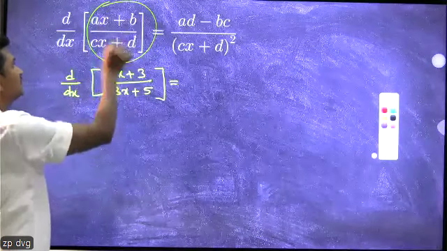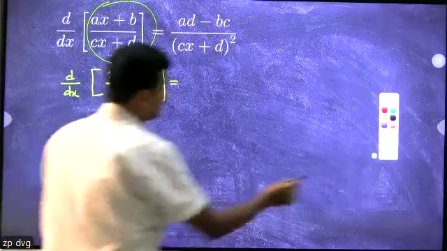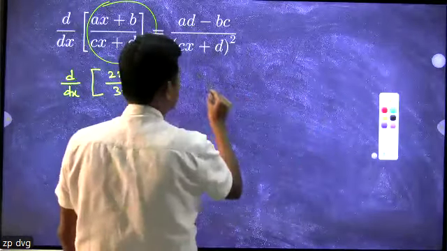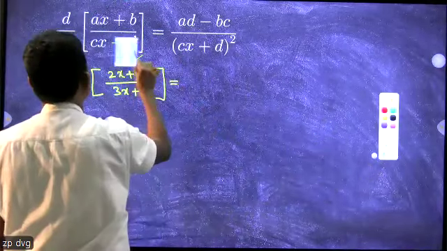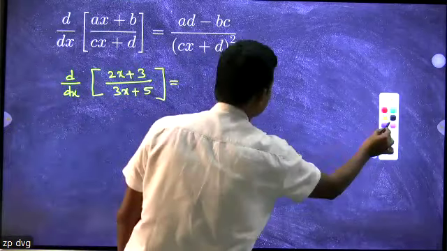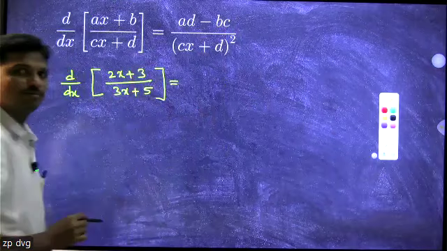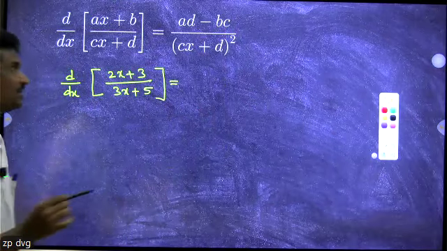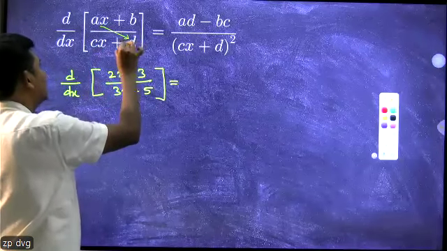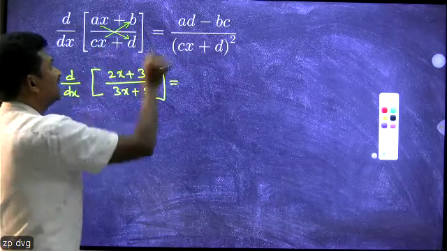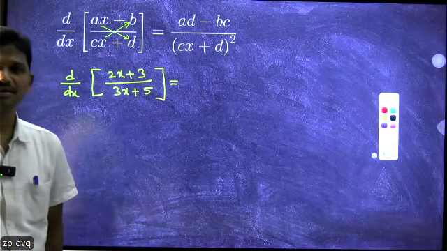Whenever you see the given function is like this, its answer is ad minus bc divided by denominator whole square. Don't memorize all the things. Very simple. See here, a, b, c, d, four things are there. ad minus bc divided by cx plus d whole square. Directly you can do this, right?